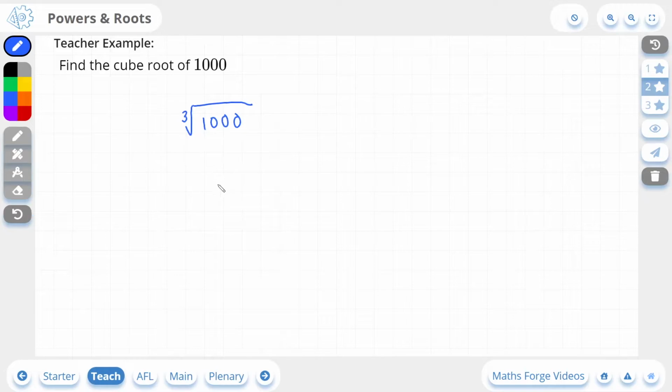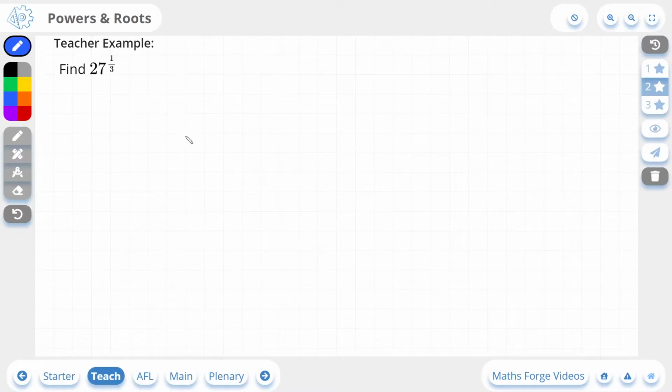This question is essentially asking which number, when you multiply it onto itself 3 times, gives you 1000. Well, I know that 10 times 10 will give us 100, and if I times it onto another 10, it will give us 1000. So the number we're looking for here is 10. The cubed root of 1000 is 10. And if we check our answer, there it is.